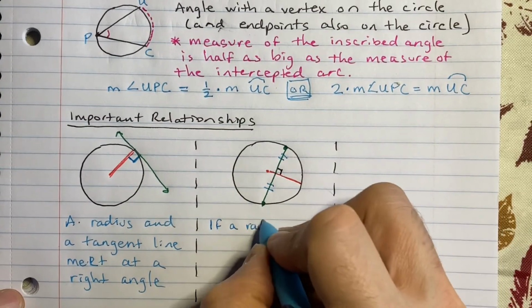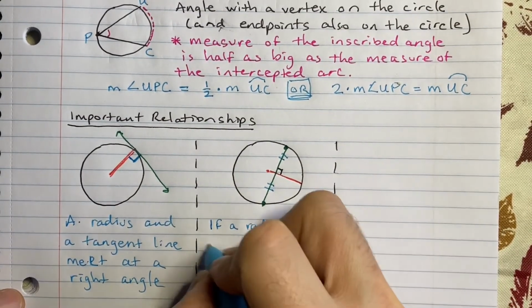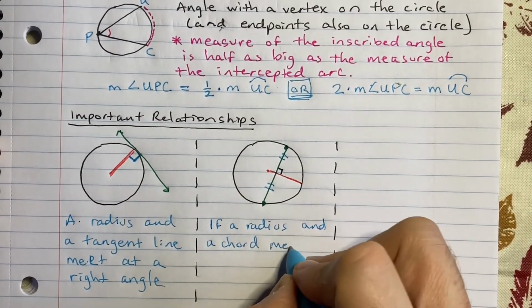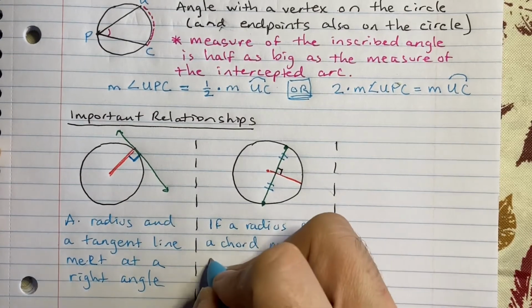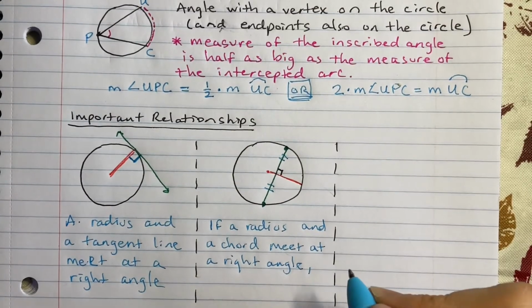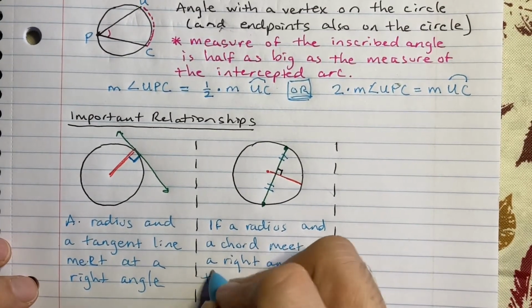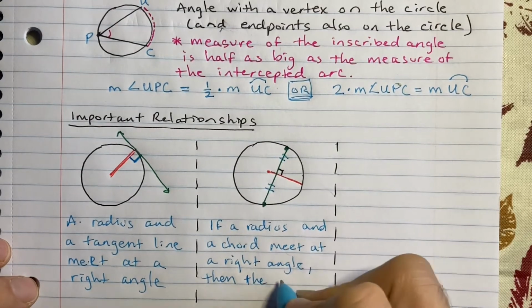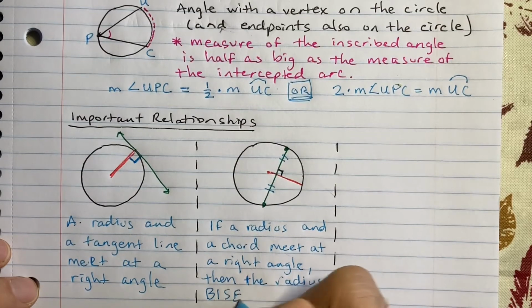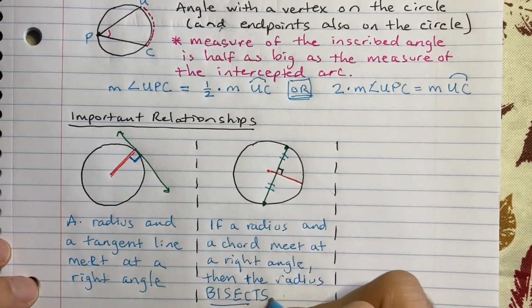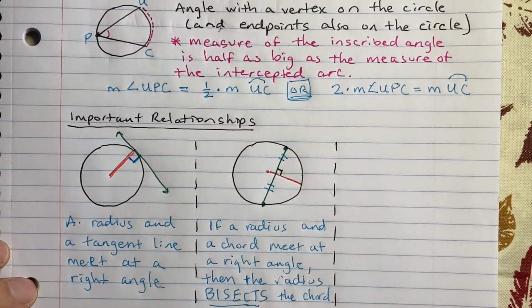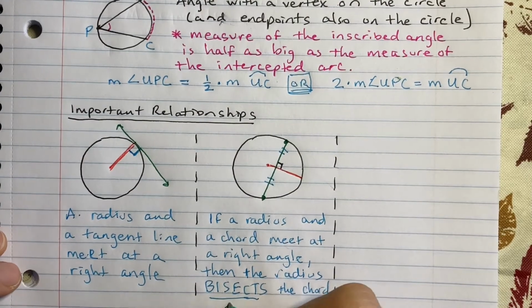If a radius and a chord meet at a right angle, then the radius bisects the chord. And then just remember, bisects means cuts in half.